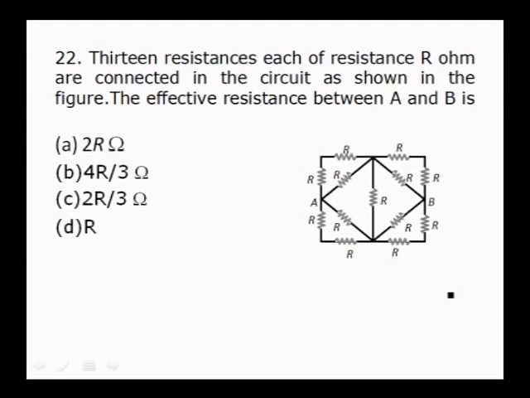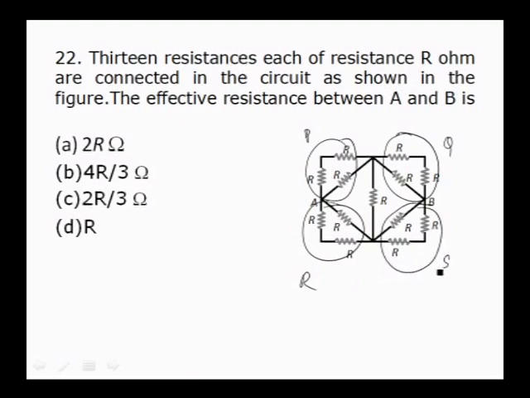Here this looks like a Wheatstone bridge. I will take this whole thing as P, this whole thing as Q, this whole thing as R, and this whole thing as S. You observe the same connection over here and over here.